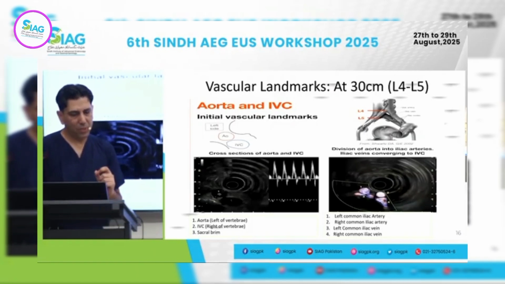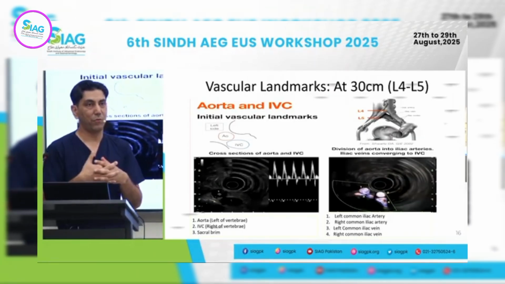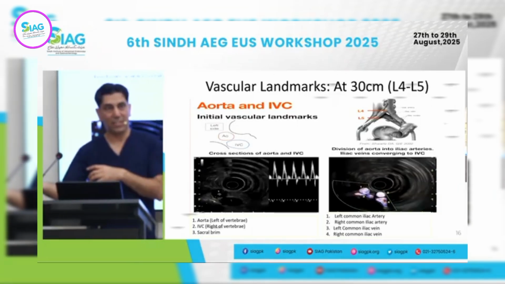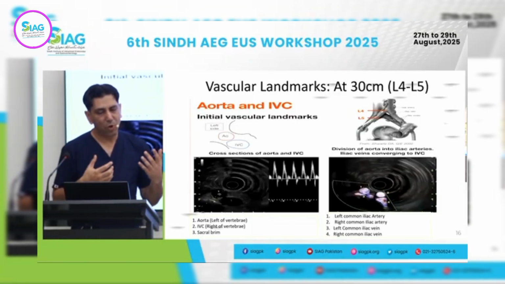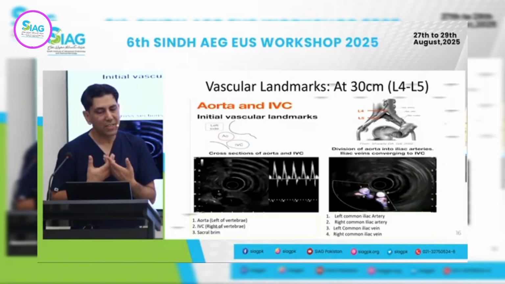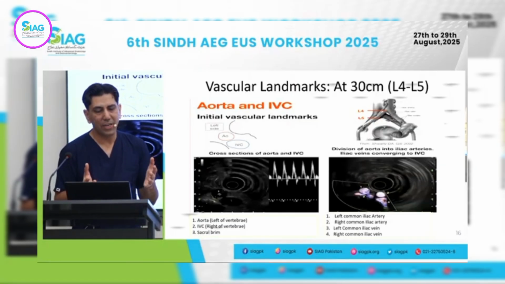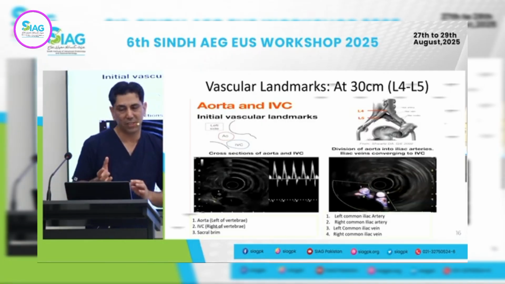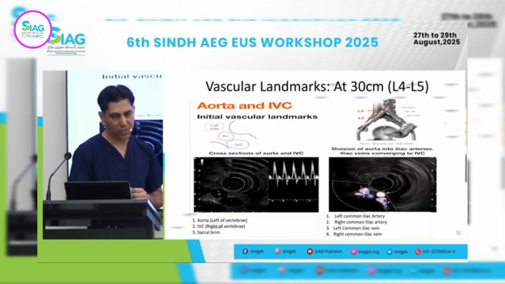So at the 30 centimeter, obviously starting off, the vessels tend to, again, like the way we would do with the esophageal ultrasound, you would want to look at the aorta at the 6 o'clock position, because it helps you to orientate. Waveform Doppler, is it really going to make a massive difference? I don't think so, but at least it helps to orientate, especially for the staging of the disease, if there is a lesion involving the vasculature.